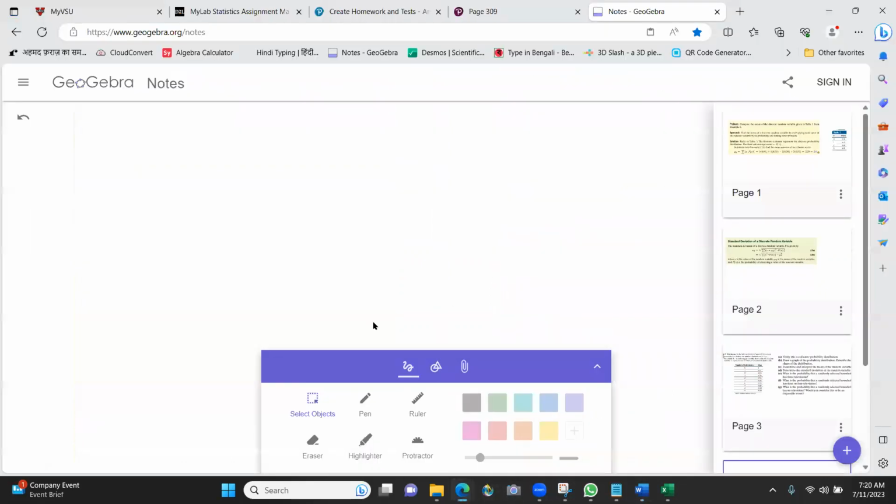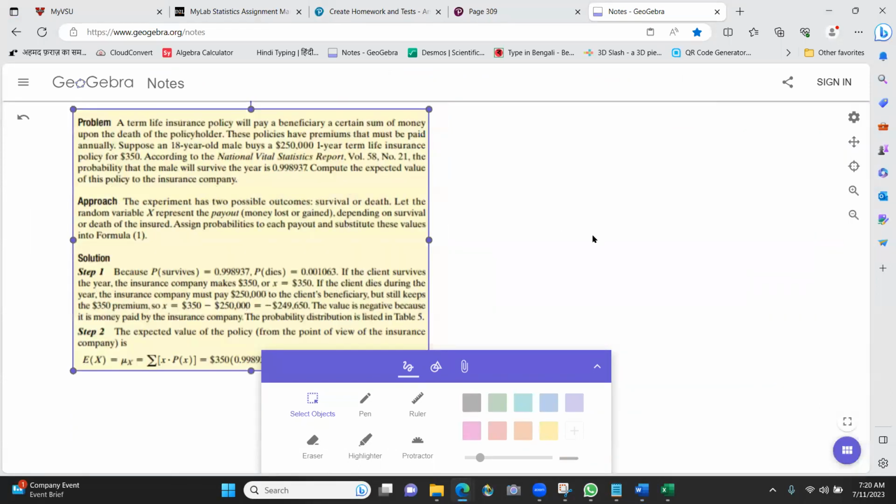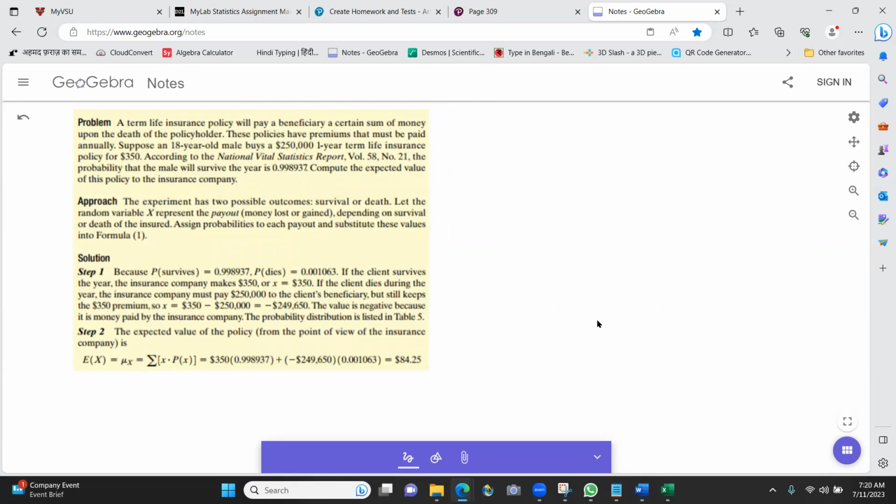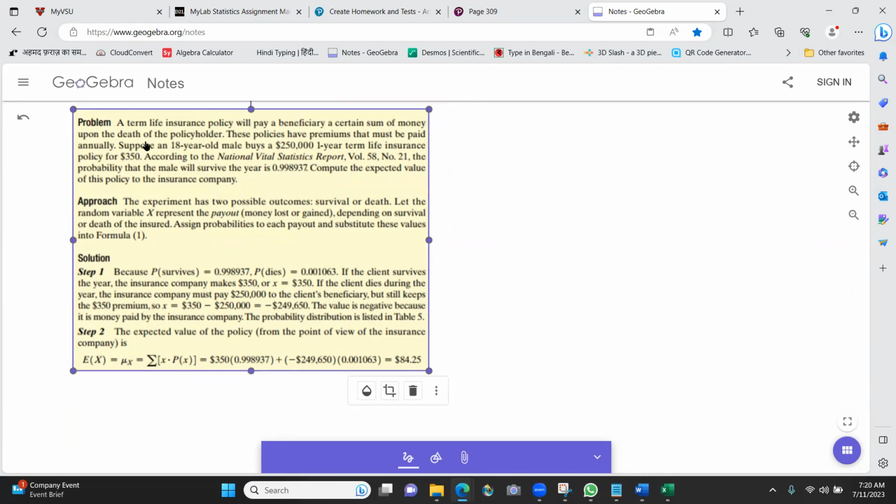We're going to do it a little more later. Don't worry too much. What is expected value, guys? Expected value is really the mean. We call it expected value because the way we found the mean is really a long-term average.